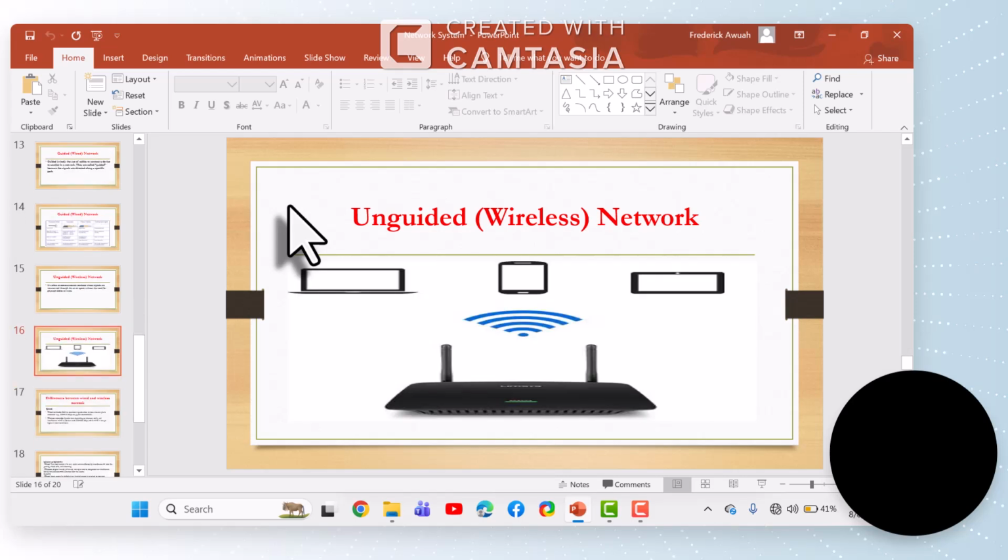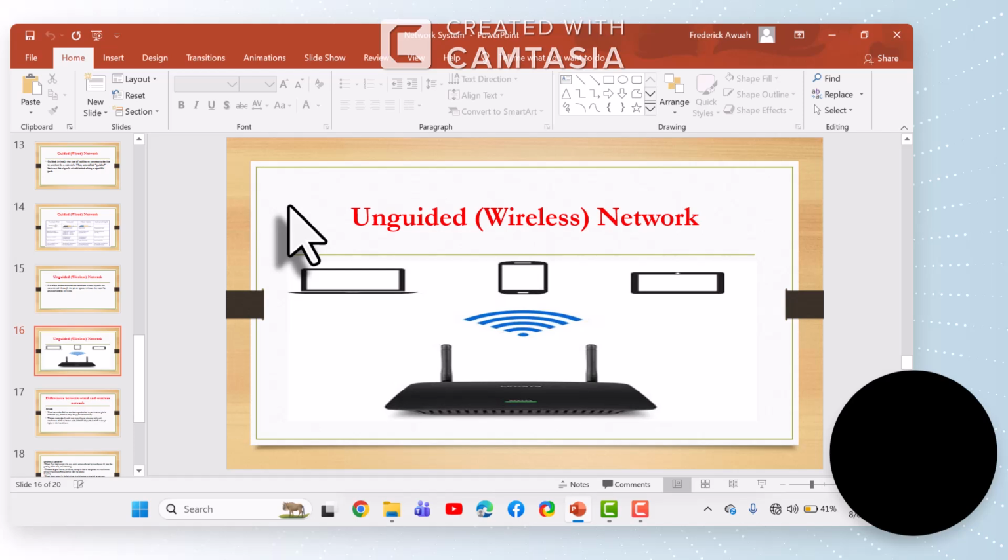And this is an example of an unguided or wireless network. You can see the router here is connecting to the laptop, the tablet, and the phone using the signal to get access to the network.